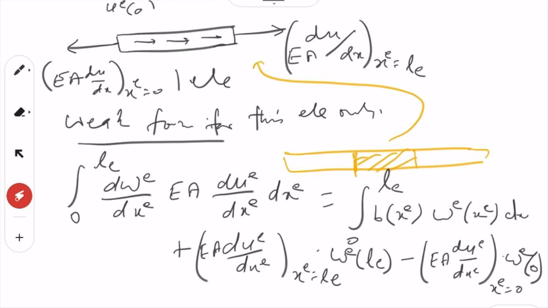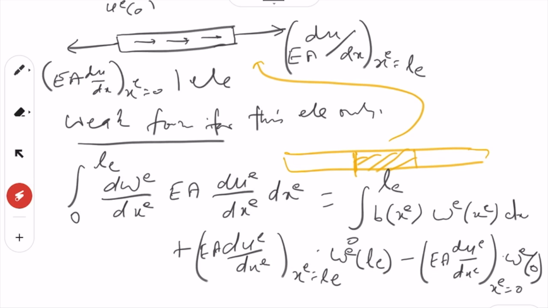This we also looked at in the last lecture video. So this will be the whole weak formulation when neither u is given at the ends of this element, nor the forces are given. This will be the general purpose one.